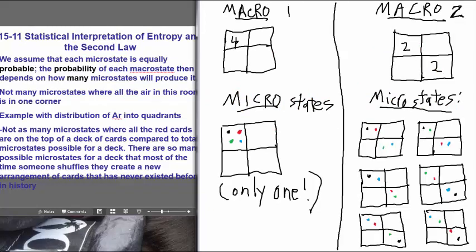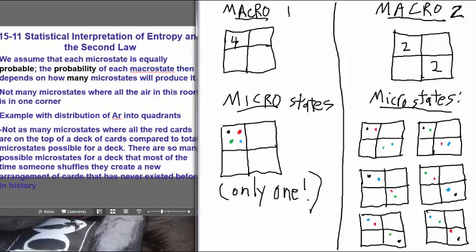So if I found all of those microstates, and there's 6 of them, that means that it's 6 times more probable that you're going to find the gas molecules in that macrostate number 2.